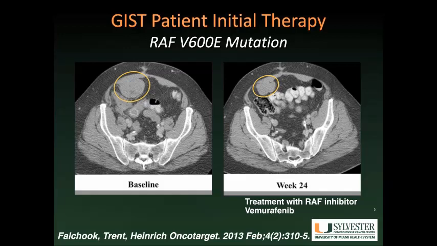RAF mutations can be treated by RAF inhibitors. In this instance, regorafenib is a potent RAF inhibitor, available for GIST patients that have this mutation type, and can induce regression and tumor cell death, and clearly better outcomes than using a KIT inhibitor that would not target RAF.